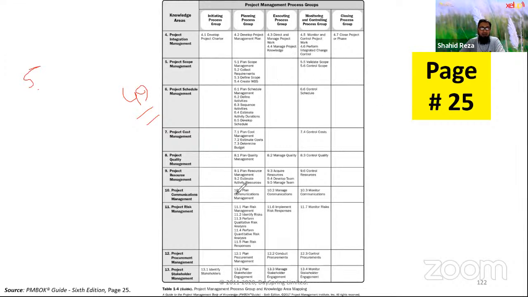For example, you are doing a software project. Sadman is here, who usually does software projects. In a software project, maybe procurement is not there. You are not procuring anything for your project, maybe. You are using open source things. So if there is no procurement, no purchasing, then these 3 processes you will not require to complete your project. So this is number 5 concept.